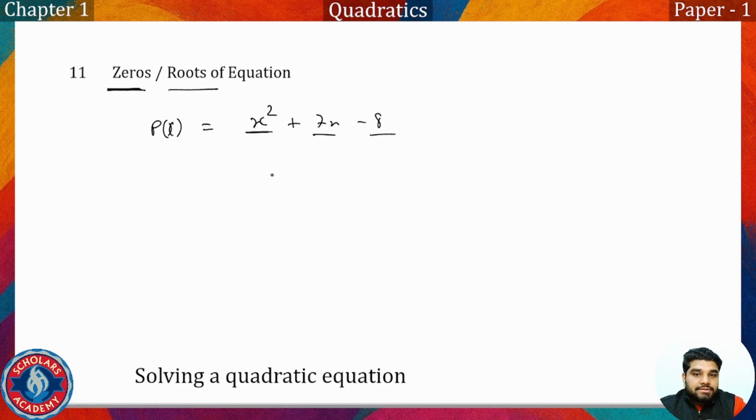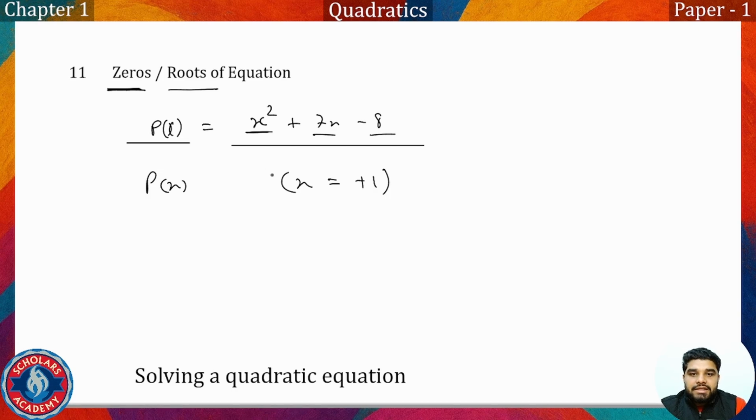Okay, so this is a polynomial equation p of x. We substitute a particular value x over here. Let's take x is equal to +1.